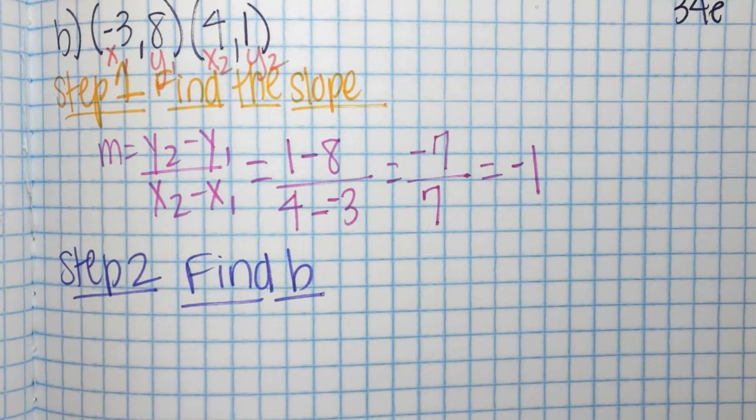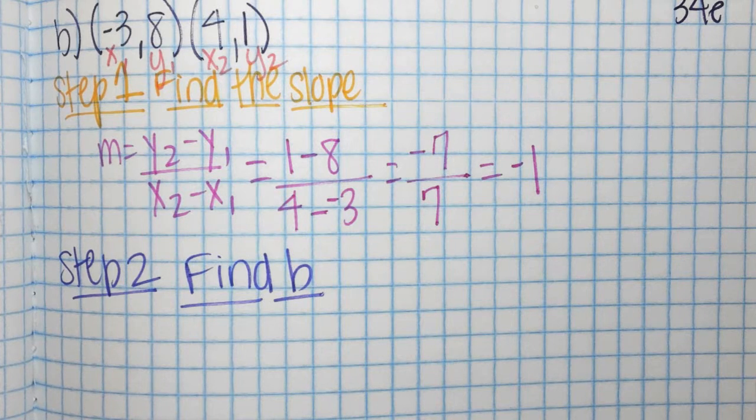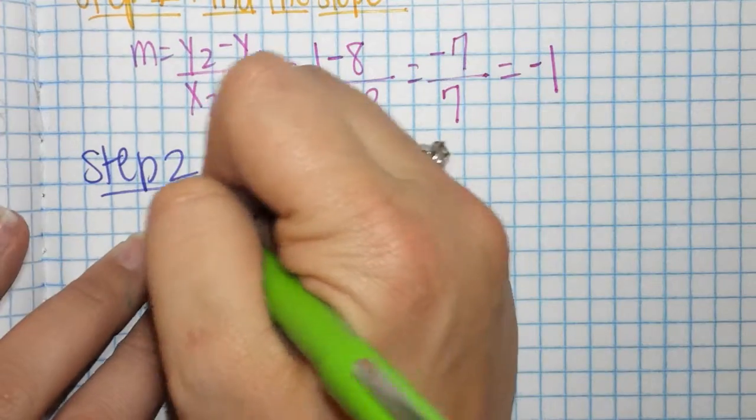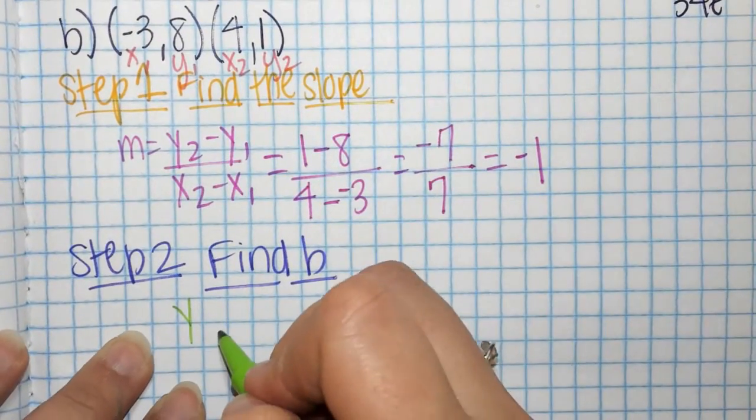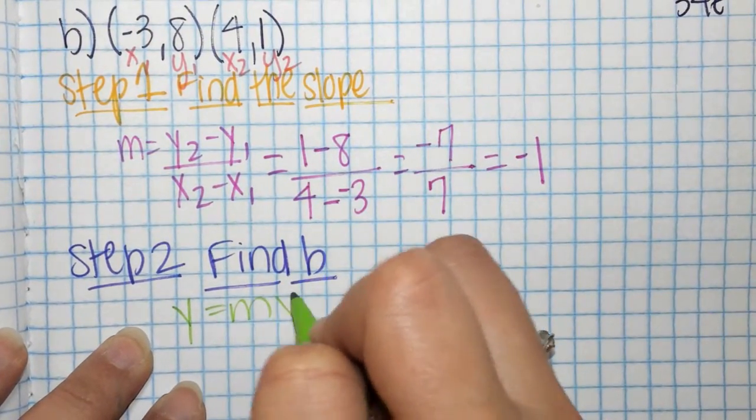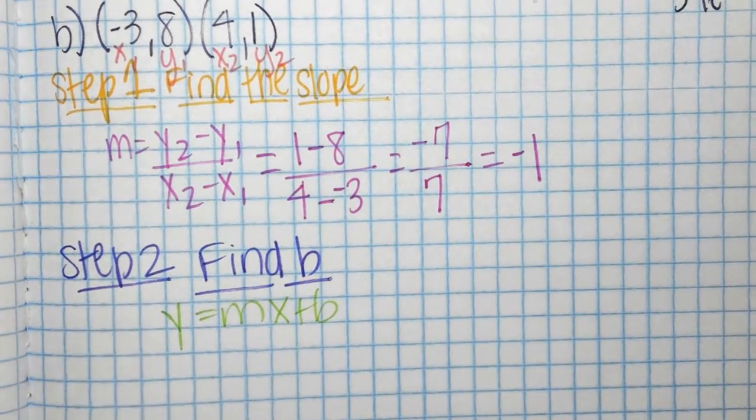Alright, now, who can tell me what we use to find B? Bronson? Okay. And what point do we use? The first point. Fantastic.